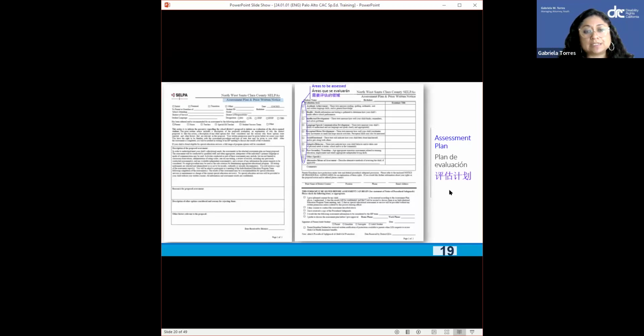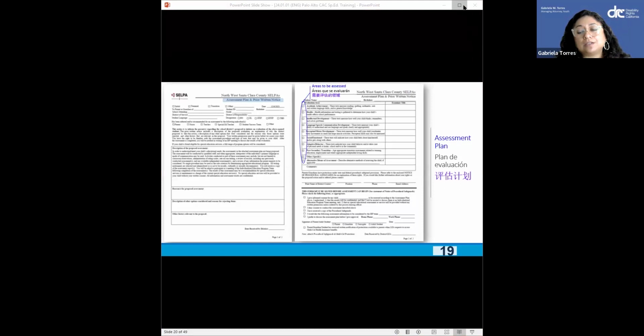And so this lists the areas that will be assessed, right? And they include academic, health. I'm having a hard time reading it as well. Intellectual development, language and speech communication, development, motor skills, social emotional, adaptive behavior. There's other sections as well. So the assessment plan will tick the boxes that the assessment will occur in.